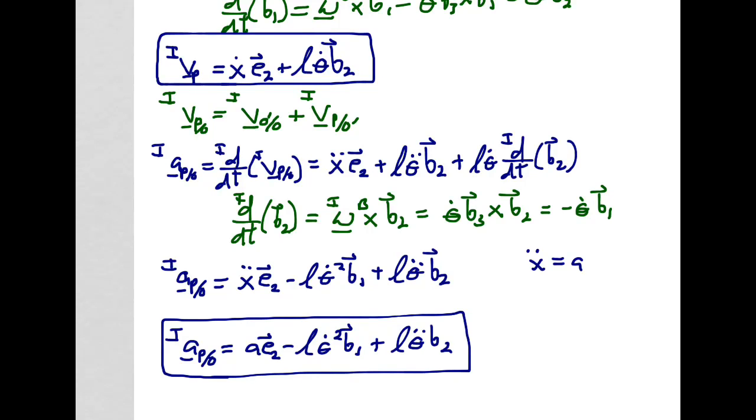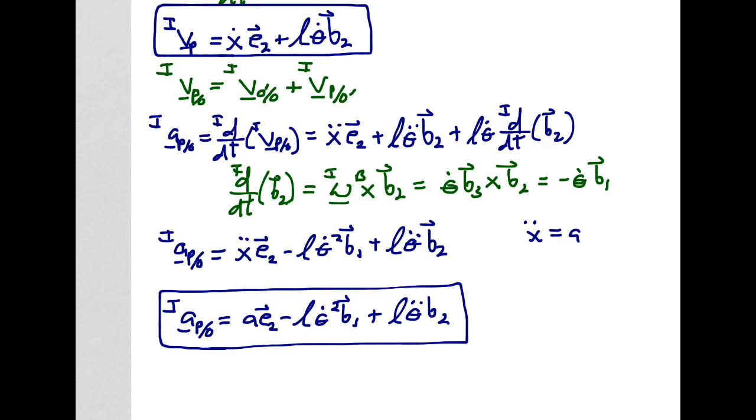Once again, let's look at our terms. We have the acceleration of the box to the right in the E2 direction, and we're adding to that the acceleration of the pendulum. And so we can write that as the acceleration of point O prime with respect to O plus the acceleration of point P with respect to O prime, both of these observed in the inertial reference frame.